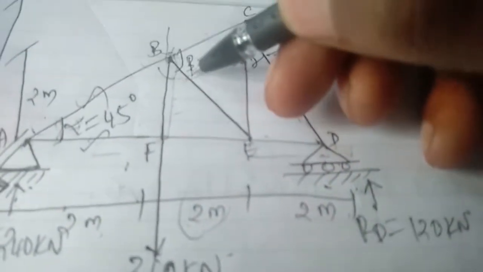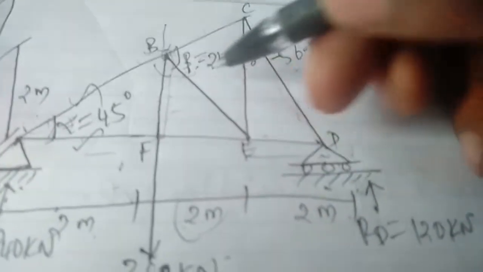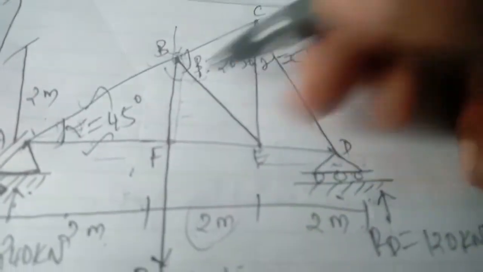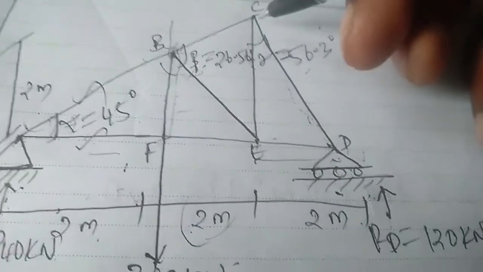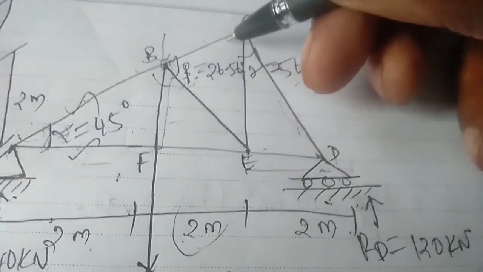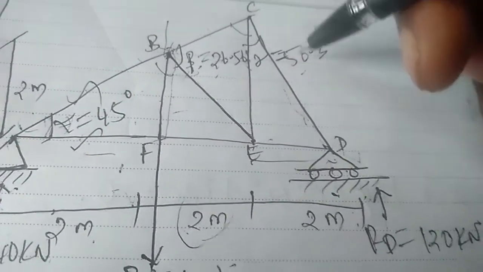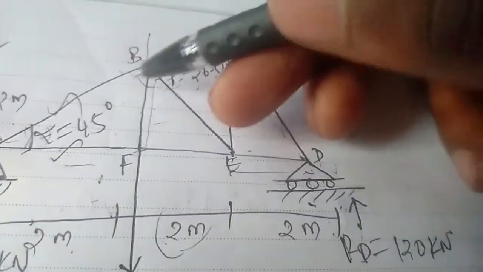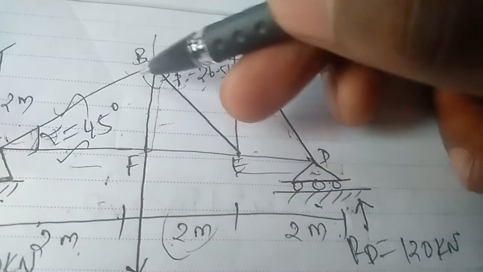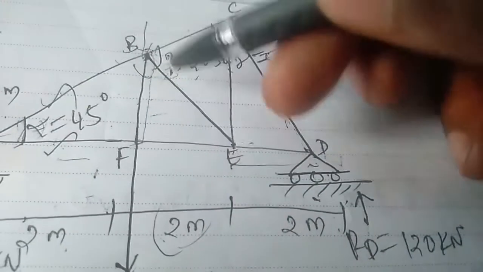If you take joint C, you will have both angles, 26.56 in one and 56.3 in the other. But in joint B, these three members don't have an angle, so we will neglect that joint B.